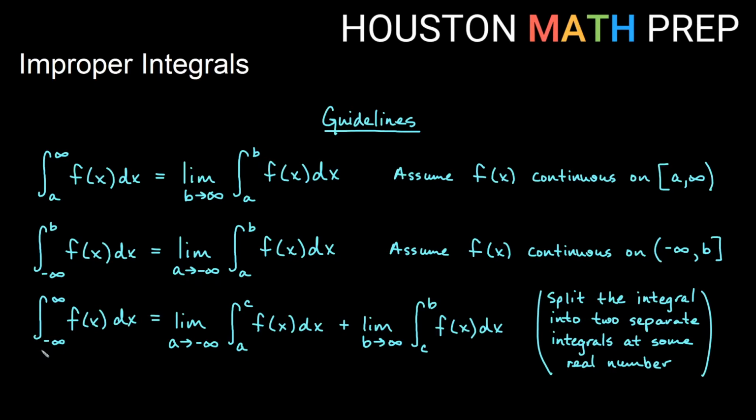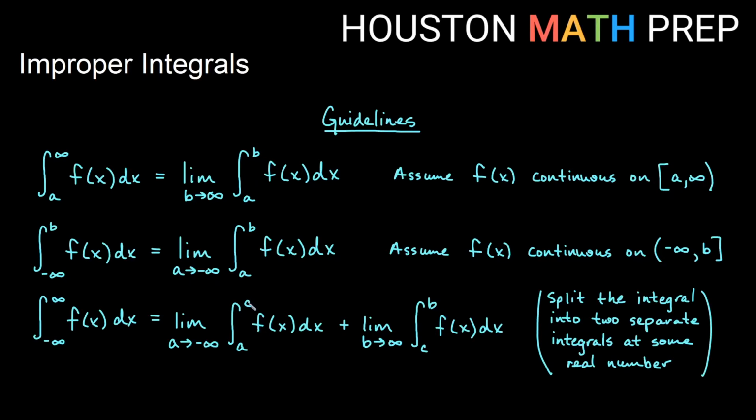If it's the case where we have a doubly improper integral, I have both a negative infinite bound and a positive infinite bound. In other words, we are integrating the function over the entire real number line. Then what we will need to do is split the integral into two separate integrals at some real number. So I'll need to pick some value, say c, in between negative infinity and positive infinity, and split my integrals.